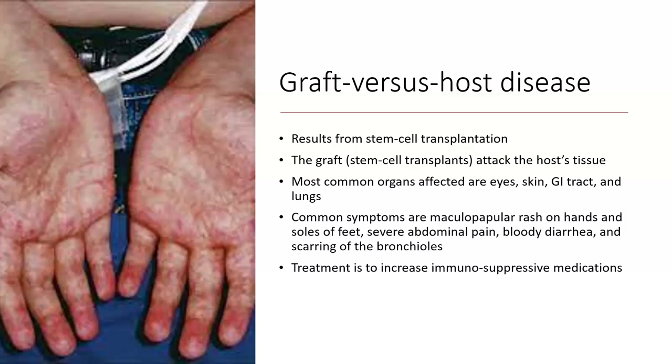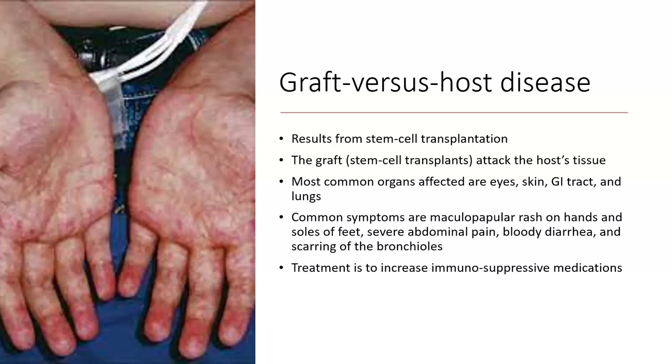So with graft versus host disease, the graft, the transplanted stem cells, are healthier and they will start to attack the host tissues. So this most commonly happens in areas like the eyes, the skin, the lungs, and the GI tract.